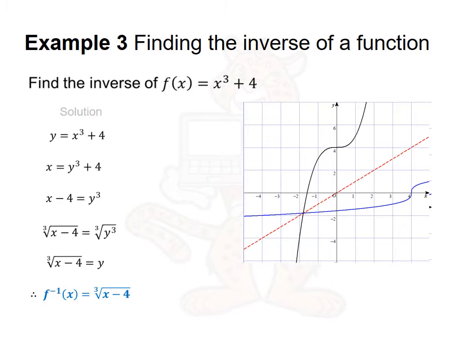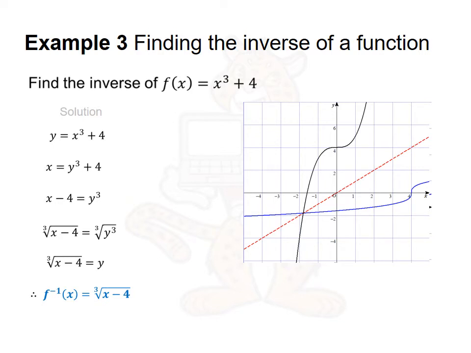And if you notice in this graph, the black curve, that is f of x equals x cubed plus 4, is reflected across the line y equals x, and the reflection of this graph is the one in blue, the inverse function, cubic root of x minus 4.